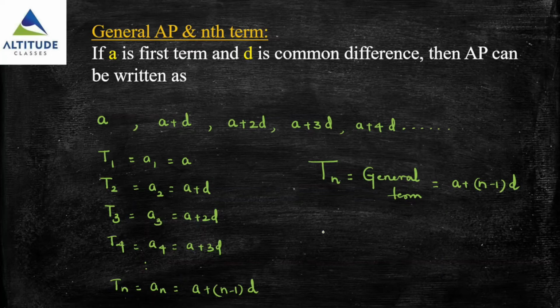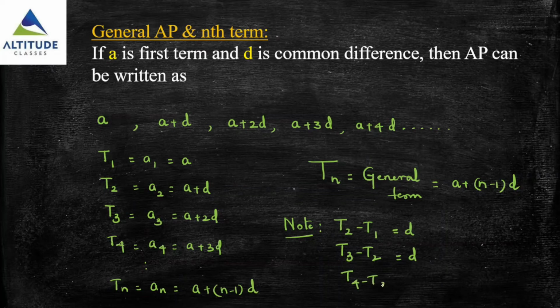And the second thing is, what is T2 minus T1? If you subtract the first term from the second term, a plus d minus a, that is d. T3 minus T2, from the third term you are subtracting the second term, again d.